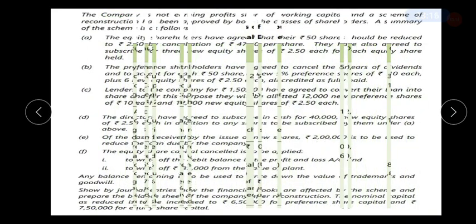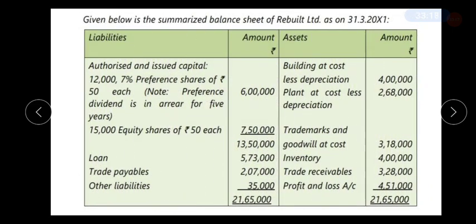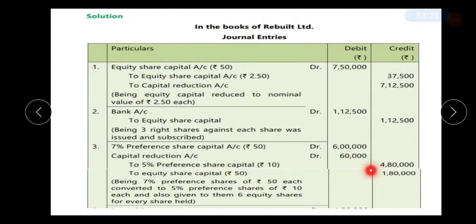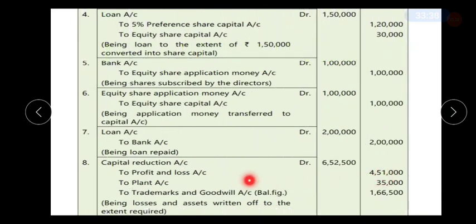Now we are making it credit, so it is fully gone. Profit and loss account 4,51,000 debit, and here 4,51,000 credit. Debit and credit got cancelled, and here we still have a balance. 4,51,000 is gone for writing off the profit and loss account, 35,000 is gone for writing off the plant, but we are still left with 1,66,500.